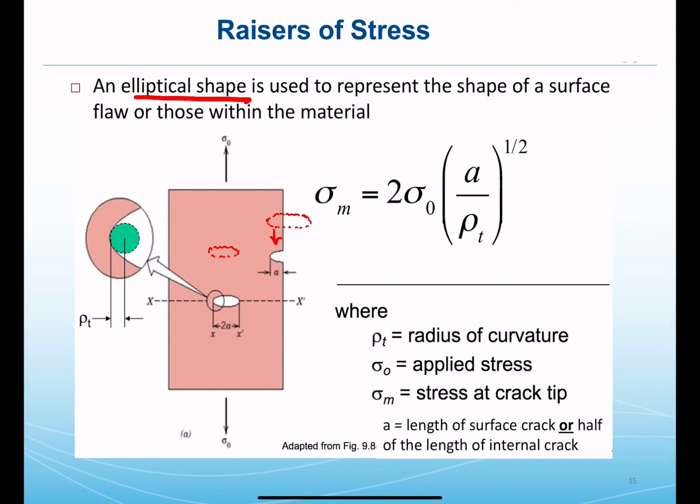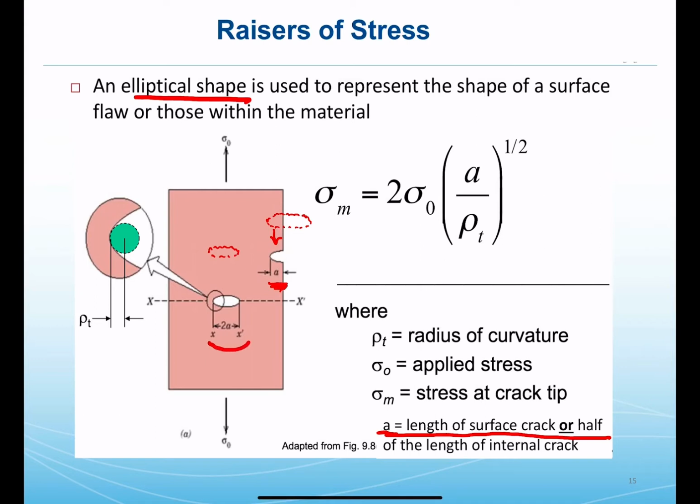There is a length to the surface crack. Okay, so that would be A. You can see here it's how deep that ellipsoidal model representing the surface crack is. Okay, so here you can see the A value for a surface defect or surface flaw. If the flaw or the crack is internalized, then we apply 2A.